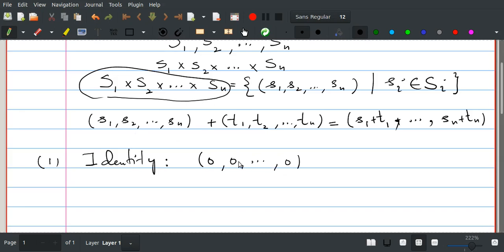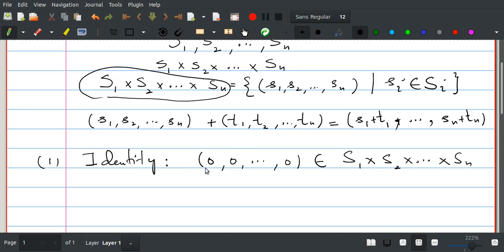Since each Si is an abelian group under addition, it must contain the 0 element, so this definitely belongs to S1 cross S2 cross so on cross Sn.